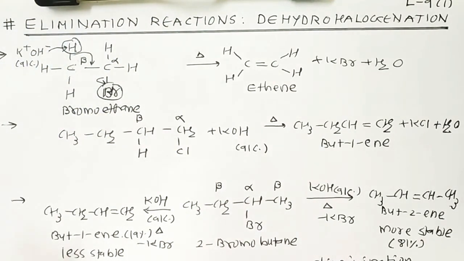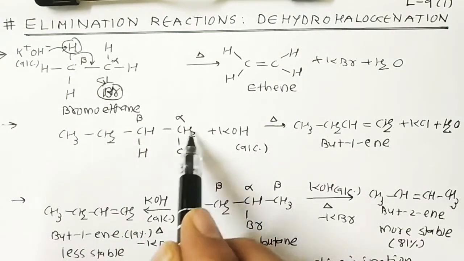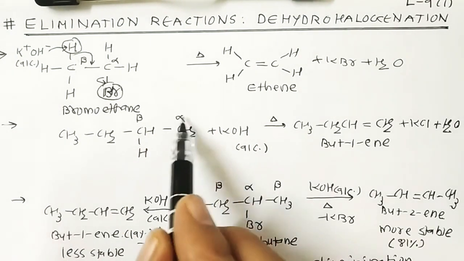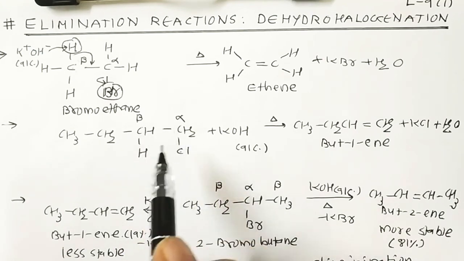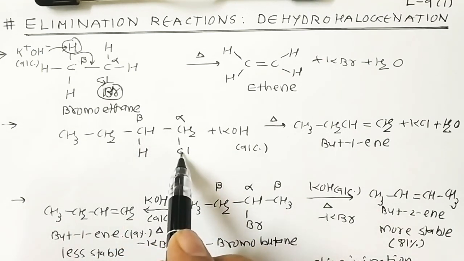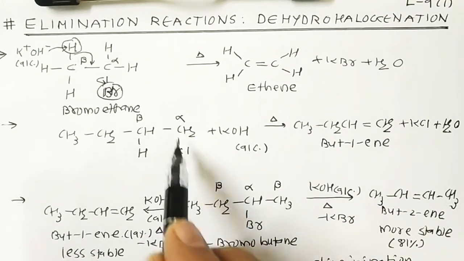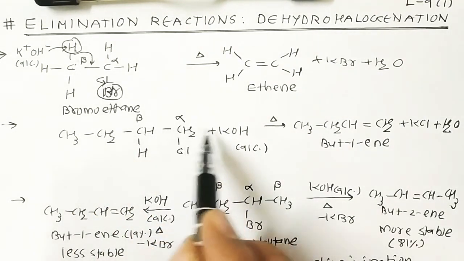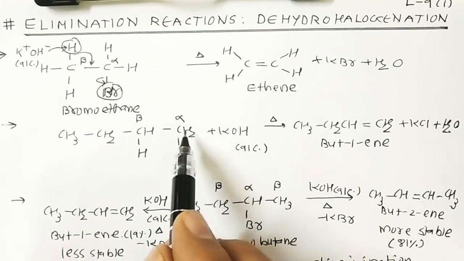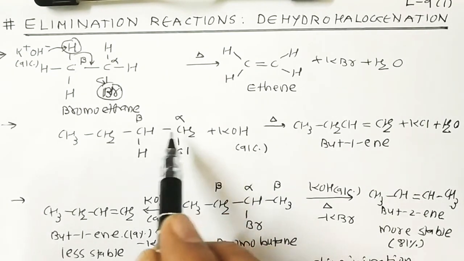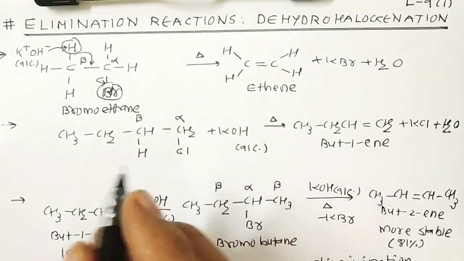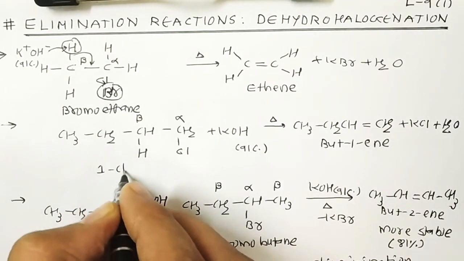For example, in this compound the halogen is present on the terminal carbon of the chain. So dehydrohalogenation occurs in only one direction, because this is alpha and beta, and no other direction is possible in this compound. The name of this compound is 1-chlorobutane.